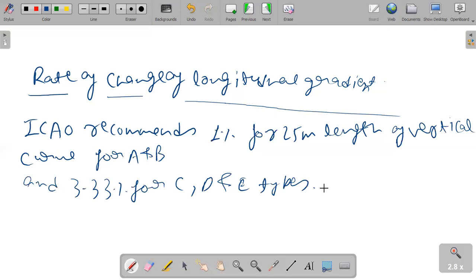Okay, so this is about longitudinal gradient, transverse gradient and rate of change of longitudinal gradient.